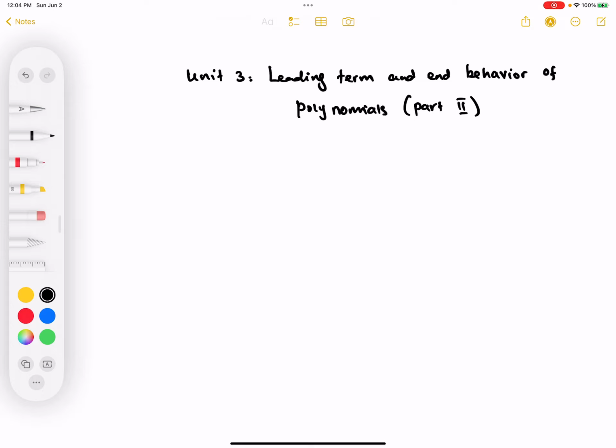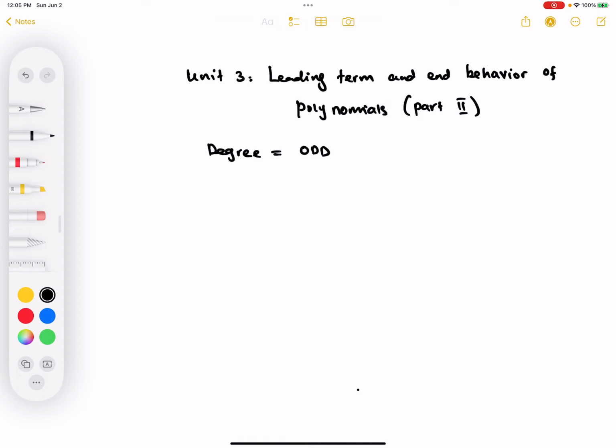In the previous video, we analyzed the end behavior of a polynomial function with even degree. Now, let us see the end behavior of a polynomial function for the case where the degree is odd.